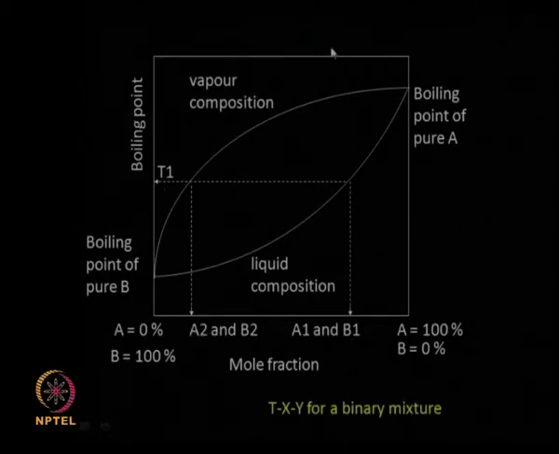So you see, if we have a diagram like this, the TXY diagram, then at any temperature all I have to do is draw horizontal lines and I can tell what will be the composition of A and B in the liquid phase, and what will be the composition of A and B in the vapor phase. So this is also a useful diagram.